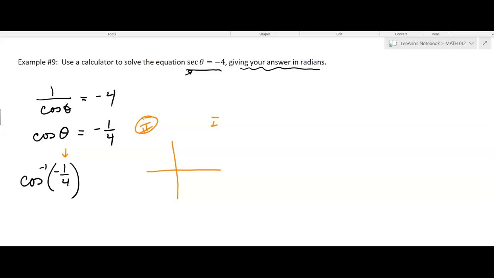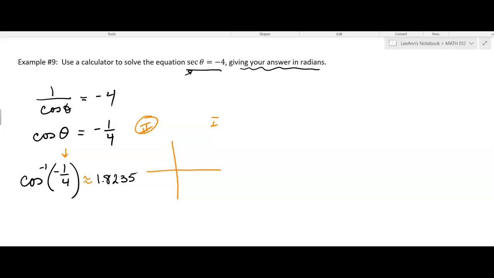So we get our calculator out, we type in inverse cosine of -1 divided by 4, and we get, this is approximately equal to, and this is a good answer, 1.8235. It rounds up. Okay, so that's great.